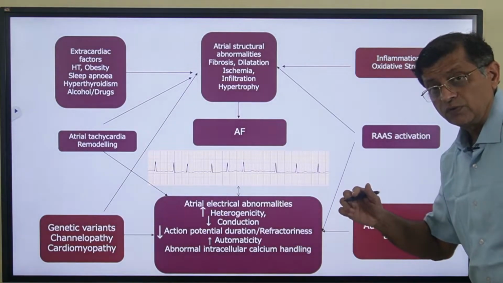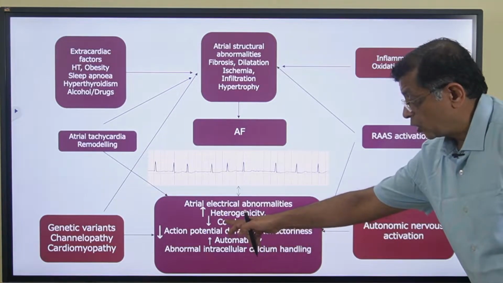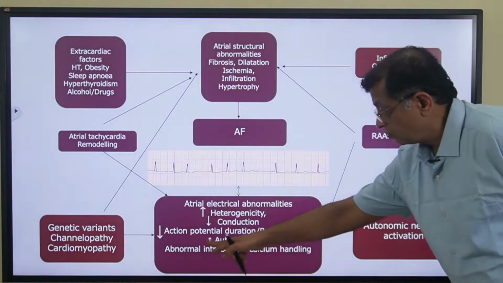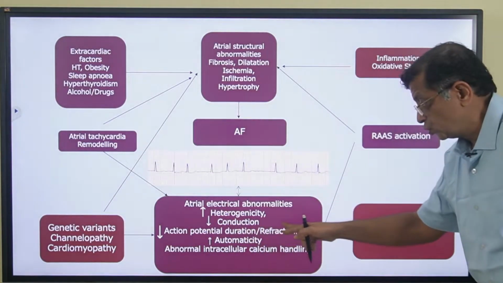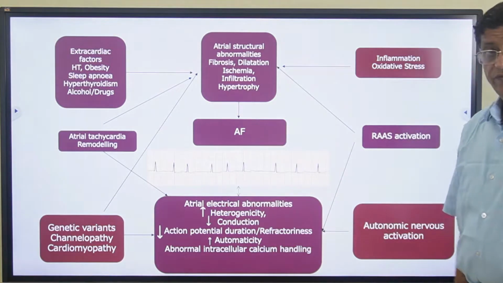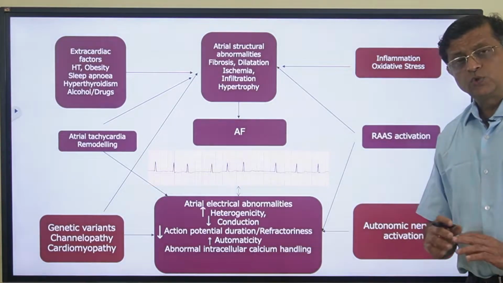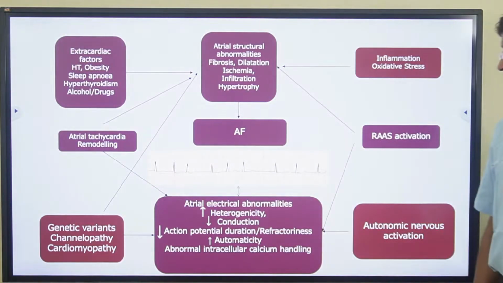What does it cause? It causes an increase in re-entry. Any problem with conduction, decreased action potential duration, or increased automaticity always causes AF. So AF is a multifactorial problem which can happen due to anything that involves the atria.